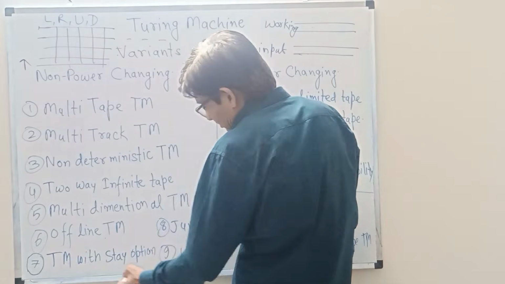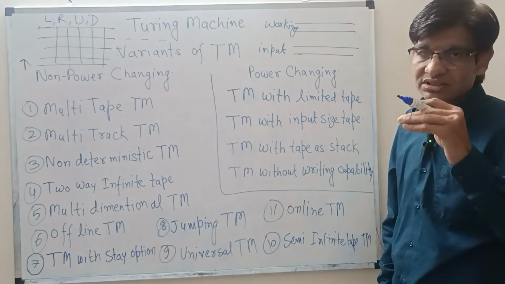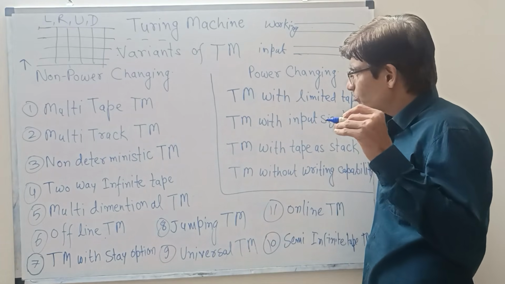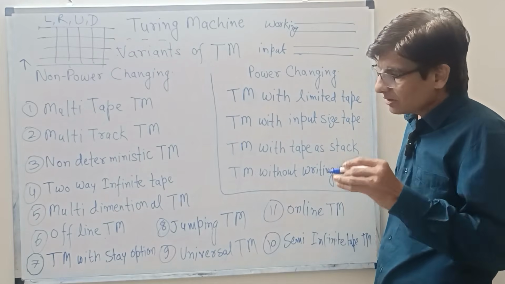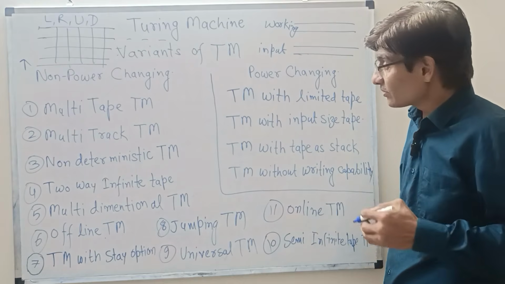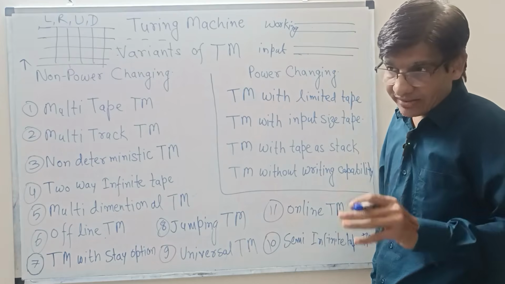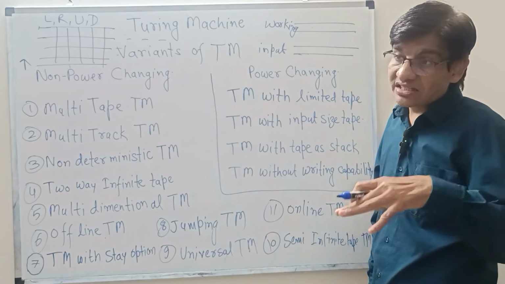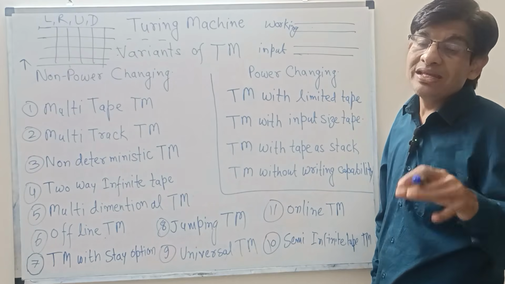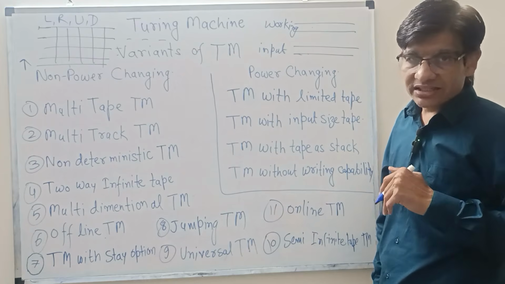Now the next variant is the Turing machine with stay option. As I told you, friends, in all Turing machines, based on the current state and current input symbol, we change our state to a new state, we change the symbol to any other symbol, and we also move in the left or right direction.